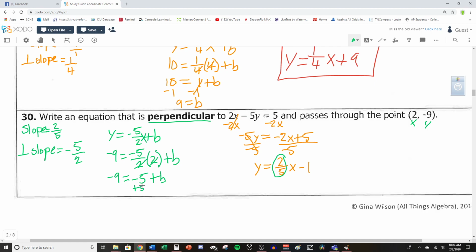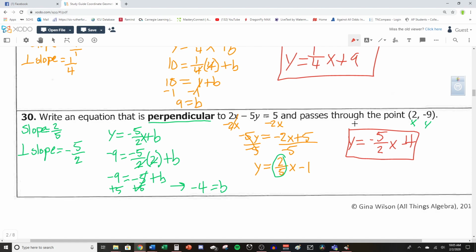We're going to add 5 to both sides. These go away. When we add these, we get negative 4 equals b. Writing our final equation over here, we say y equals, we use our perpendicular slope, negative 5/2 x, minus 4, the b value, and that's our answer.